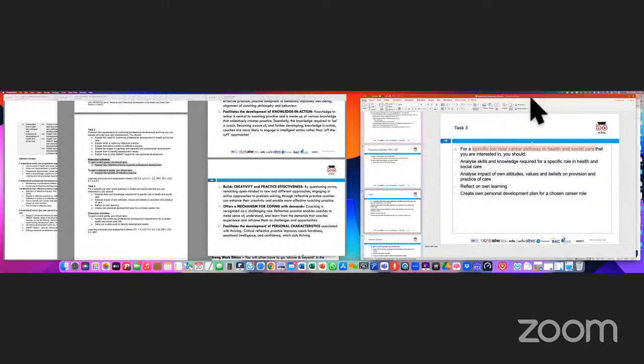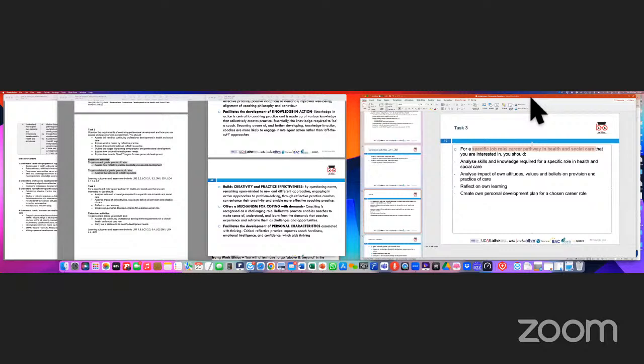So if I'm a health and social care worker and I provide care domiciliary, or provide care to patients at home, and even to the elderly, then when I do a reflective process, I would be looking at reflective activities that I do in my day-to-day job. That would be helpful because I'm not writing generically about various roles, but talking very specifically about a particular role in my assignment.